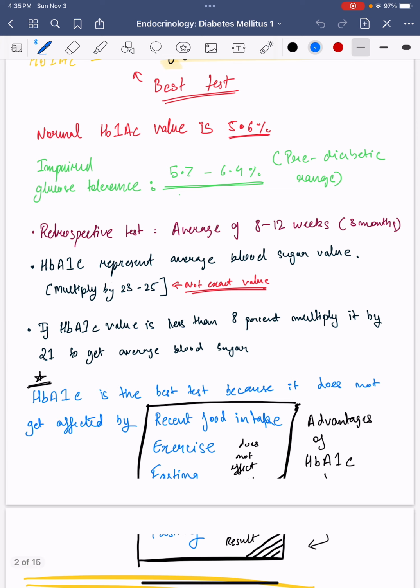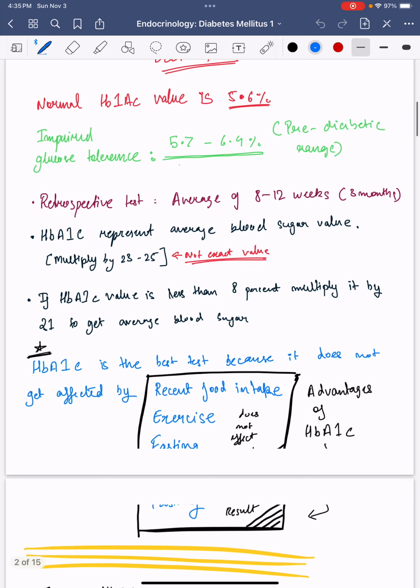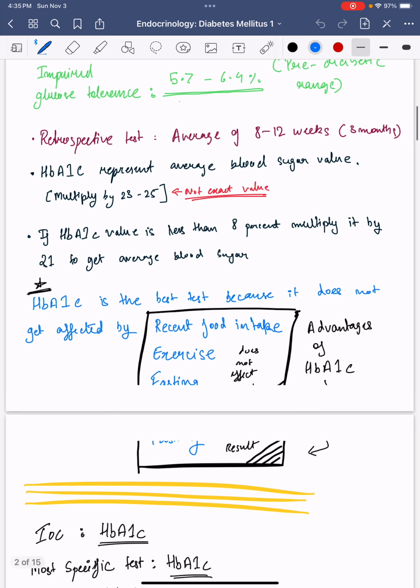HbA1c is a retrospective test, and it will average out the blood glucose of the last 8 to 12 weeks, or the last 3 months. HbA1c represents the average blood sugar value, and if you want to get the blood sugar value in milligram per deciliter, you should multiply it by 23 to 25, but still that value will not be the exact value.